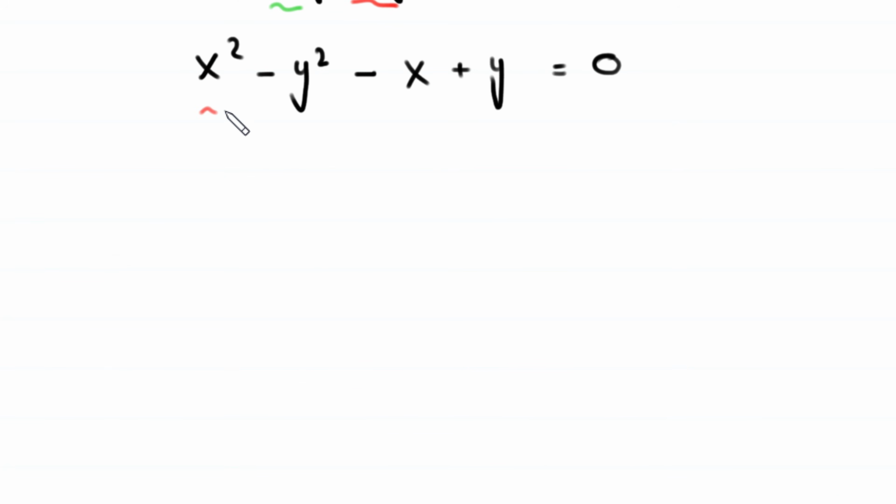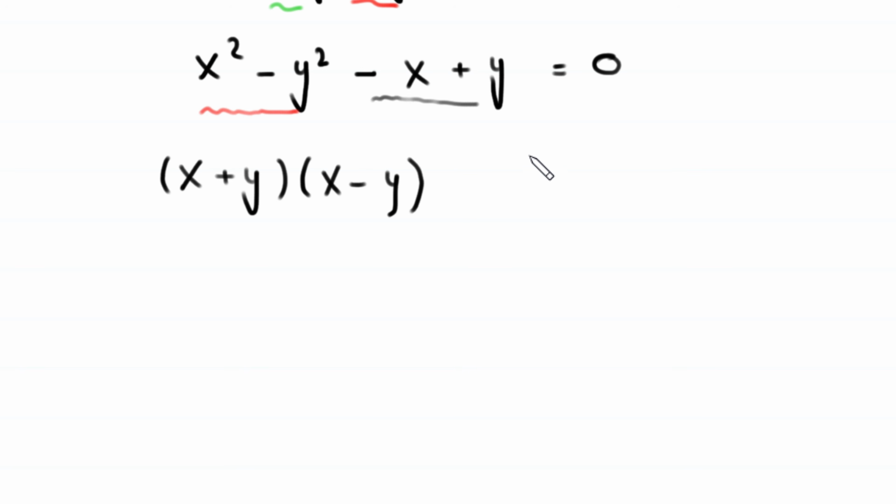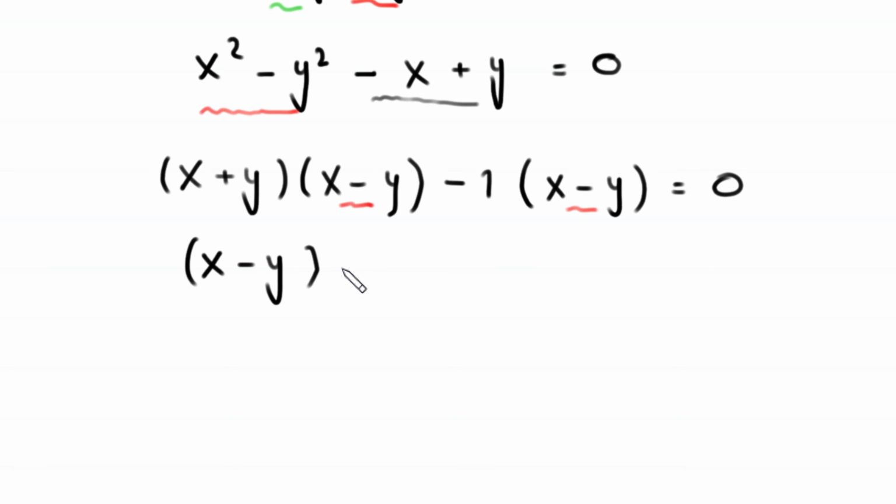Now x squared minus y squared can be factorized as x plus y times x minus y, and from negative x plus y we can factor out negative 1. In brackets, x minus y equals 0, and this x minus y is a common factor, so we factor out x minus y, and in brackets x plus y minus 1 equals 0.